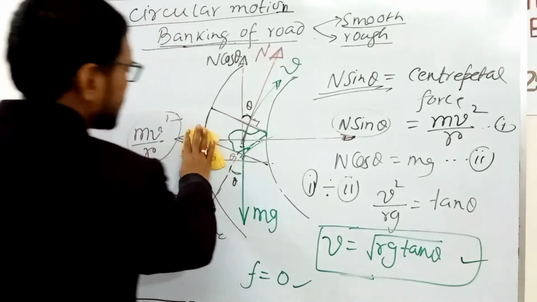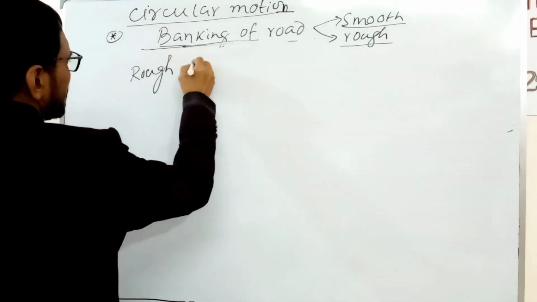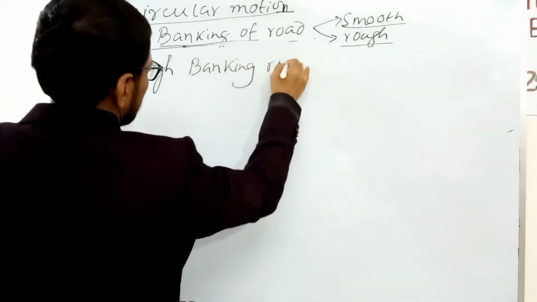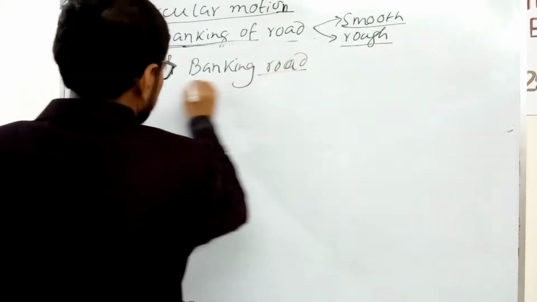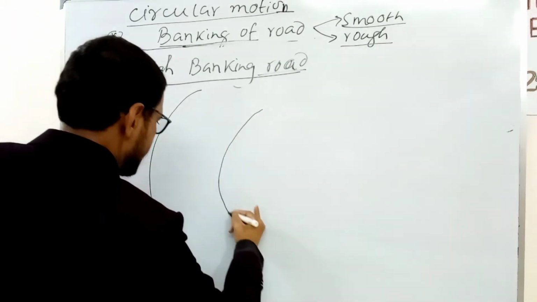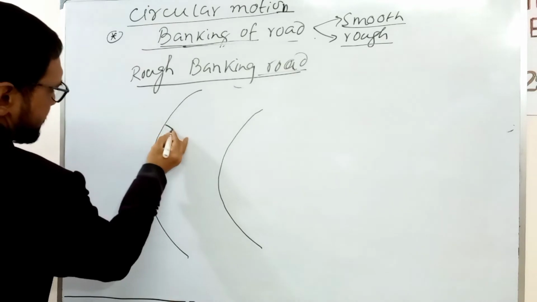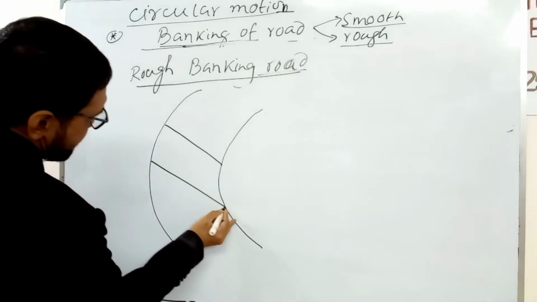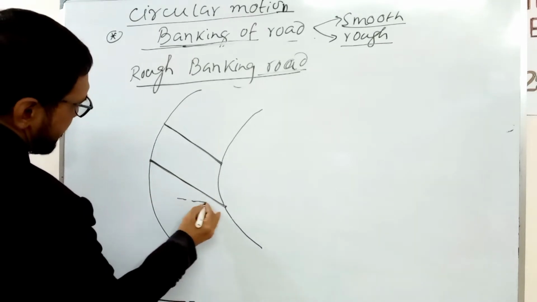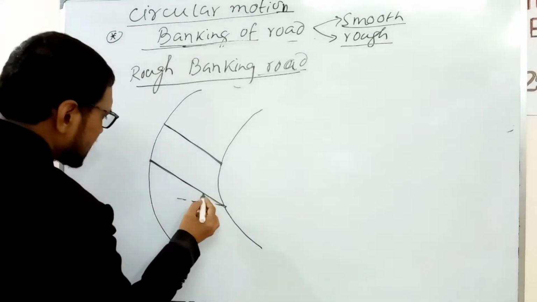Now for a rough inclined plane, a rough banking road, so draw, the angle of inclination is theta.